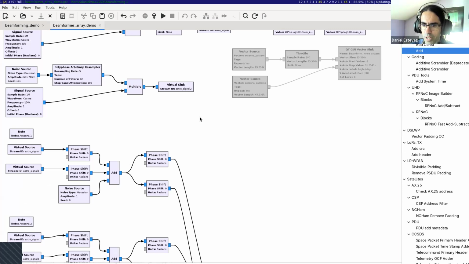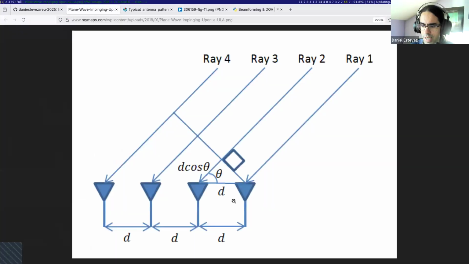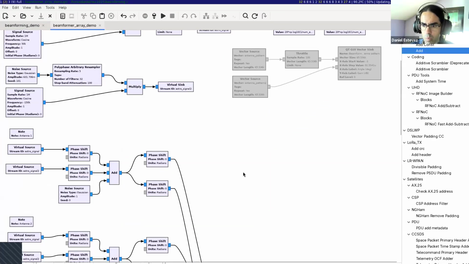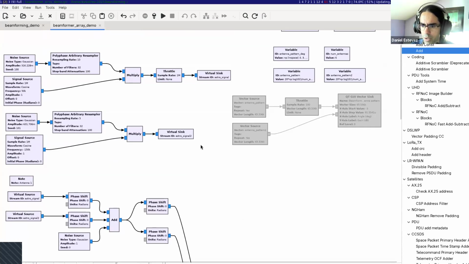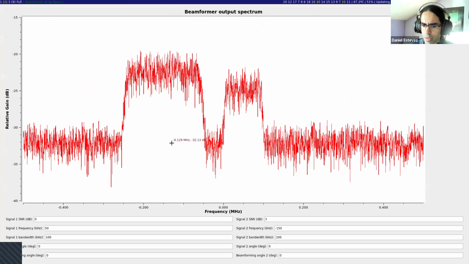For this demo, we are going to assume these are dipoles, or omnidirectional antennas, that receive things from any direction. But with a dish antenna, we would also need to simulate the primary beam of the antenna. We will need to physically point the antenna to the source, and this will become relevant in a second. So let's run this and see how things look.